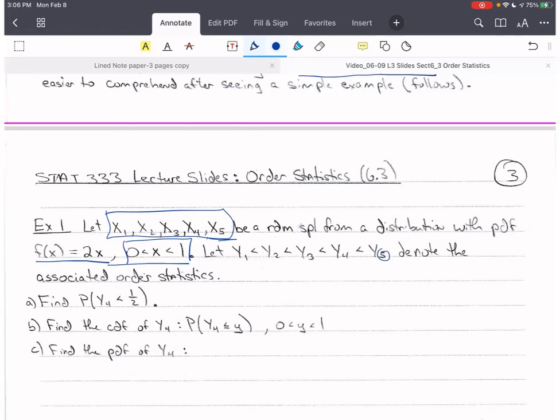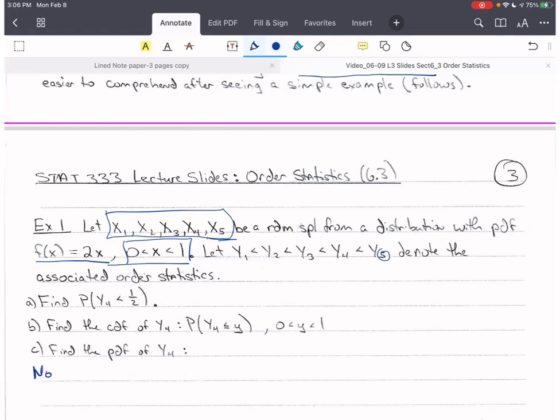Okay. So the first thing we want to do is find the probability that y4 is less than 1/2. So y4 is less than 1/2.